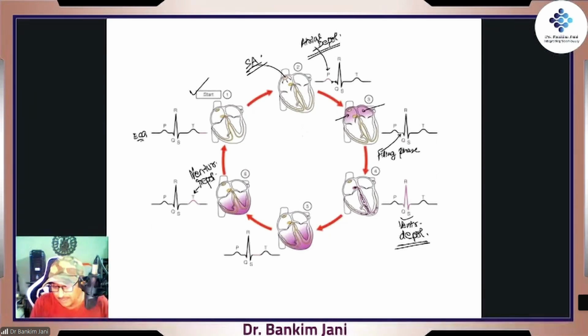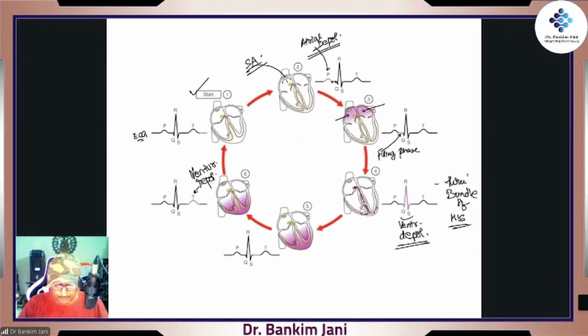This ventricular, when signals are passing through bundle of His, so I'm writing it through bundle of His. So you get this deflection. Right? When the bundle of His is there, so you get this deflection.